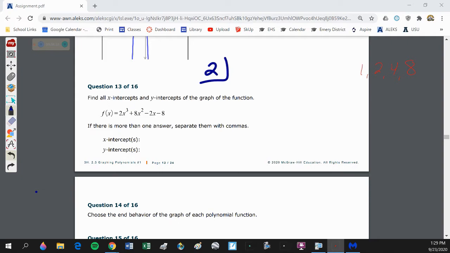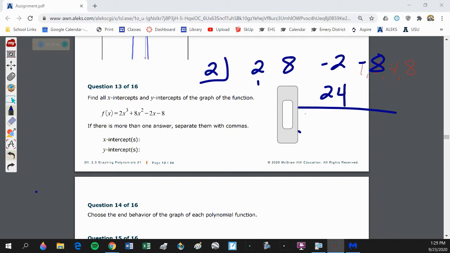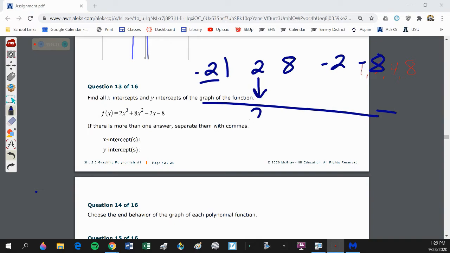Let's try 2. 2, 8, negative 2, negative 8. Drop the 2. 4, 12, 24. It's broken. We might as well try negative 2 while we're here. So drop the 2.